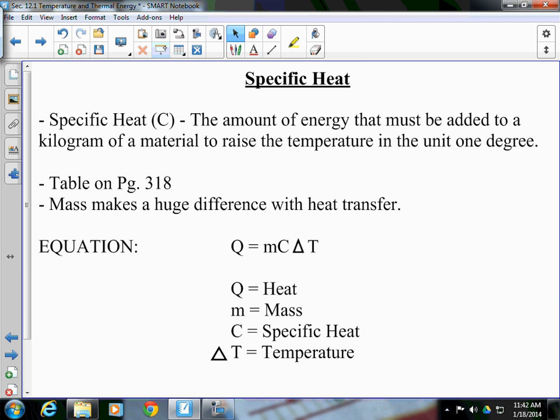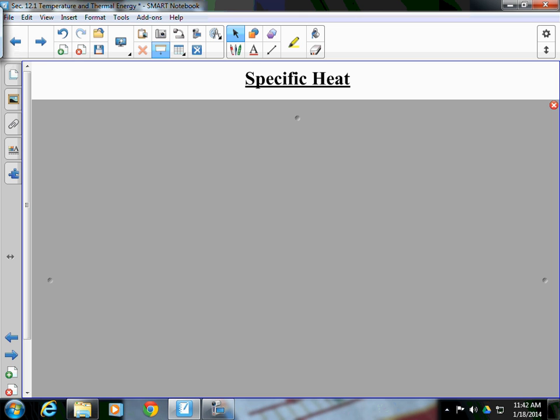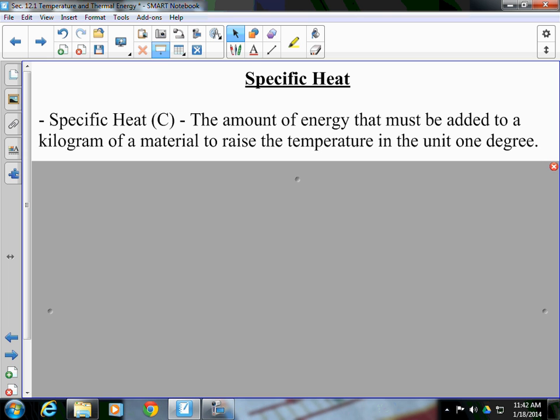When we talk about the physics of heat, we have to talk about specific heat. Every single substance heats differently. Every single substance absorbs heat slower or faster than others.